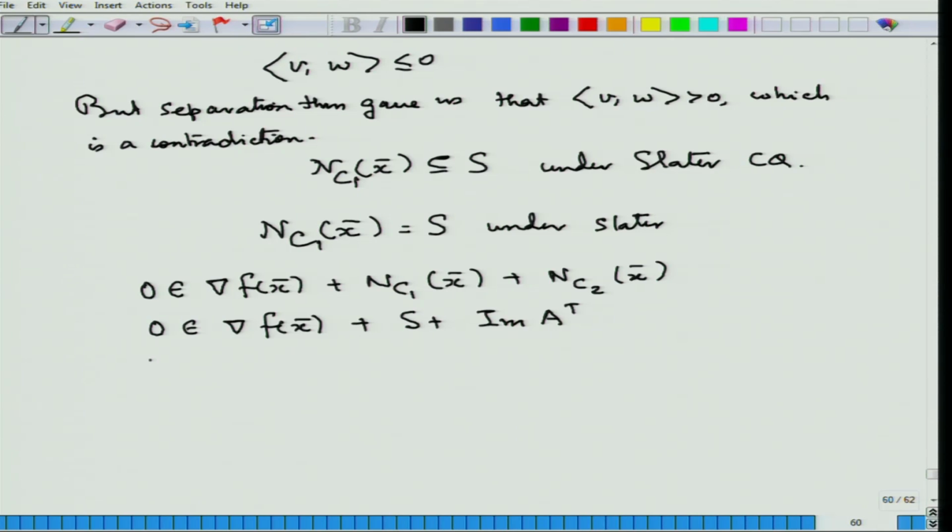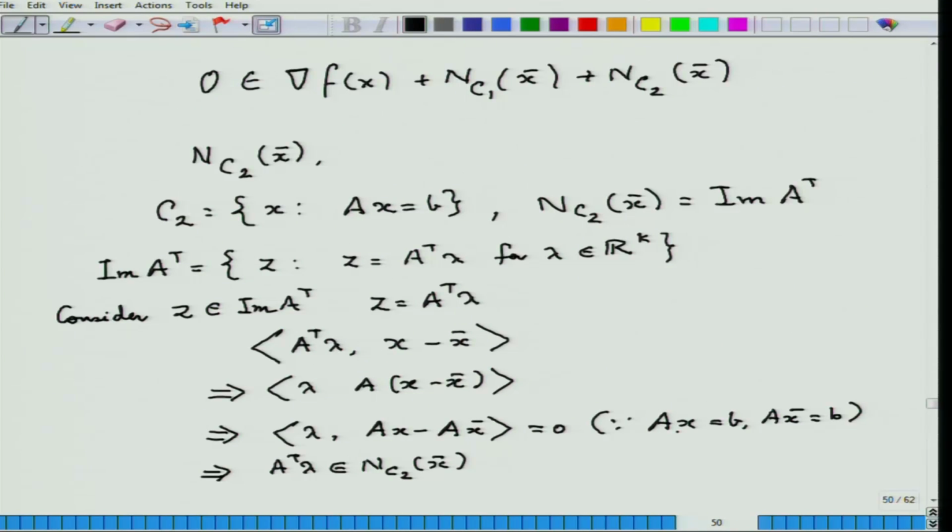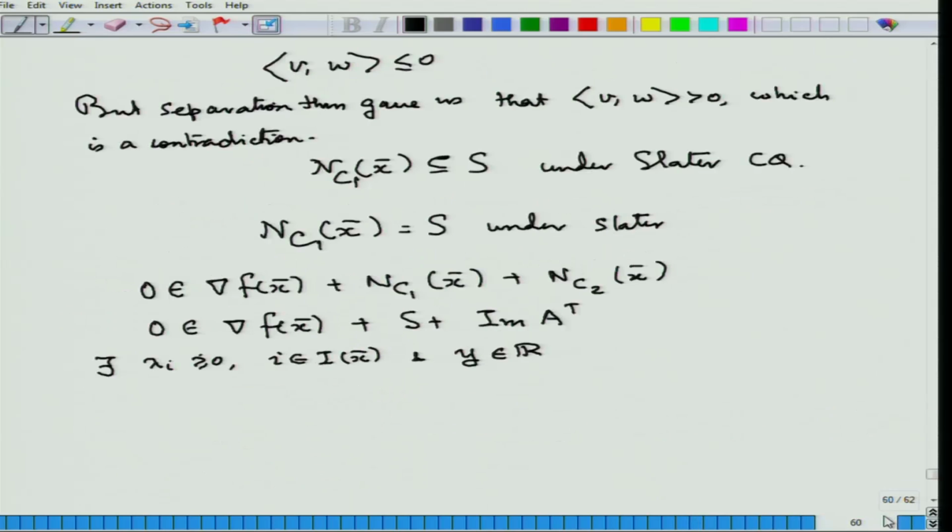So, this will give me that there would exist lambda_i greater than or equal to 0, where i is in I(x bar), and y an element of R^k, I have to go back and check what my Ax equal to b is in R^k, right.